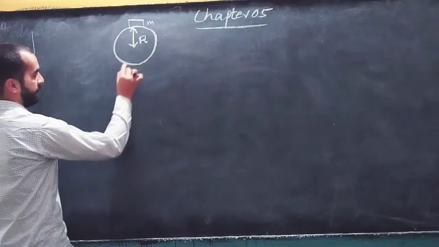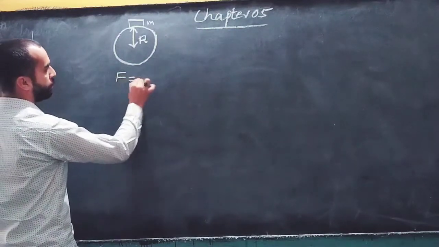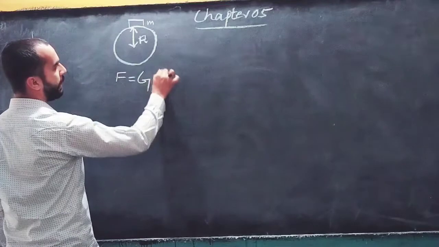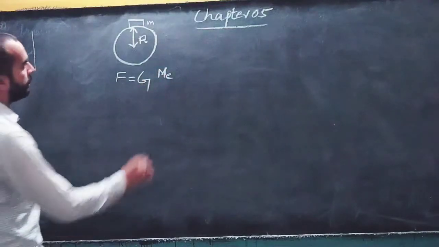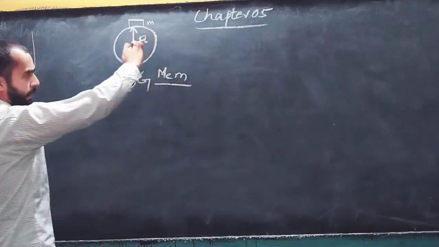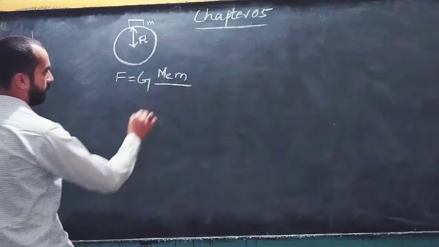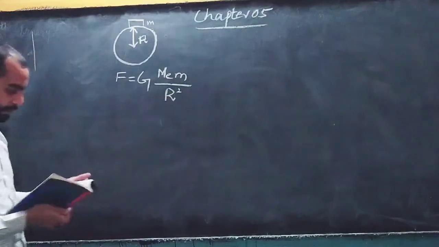Then we can say that according to Newton's law of gravitation, F is equal to G ME m divided by r square, where ME stands for the mass of Earth, small m is the mass of the body, and r is the radius of the Earth.